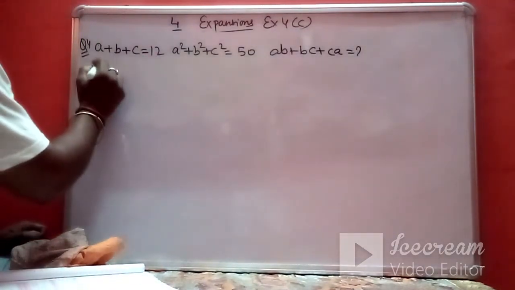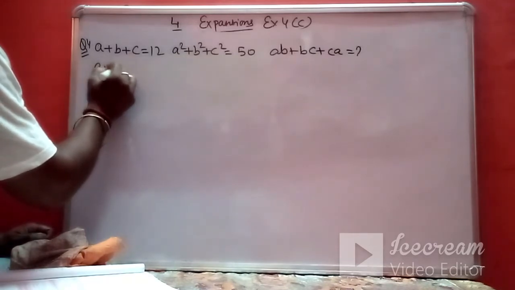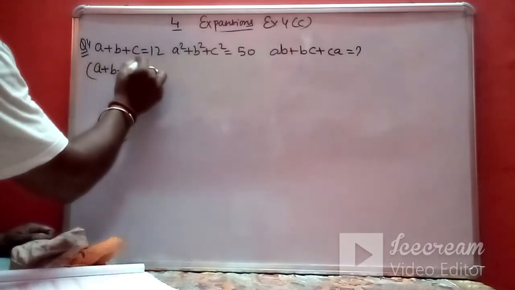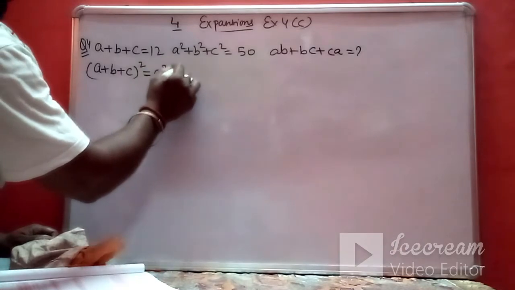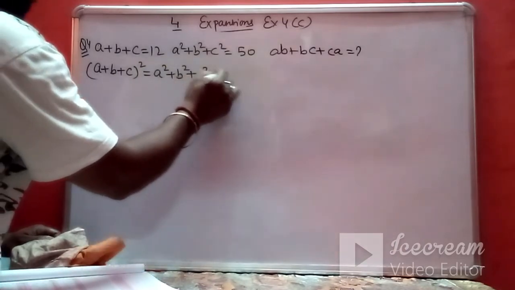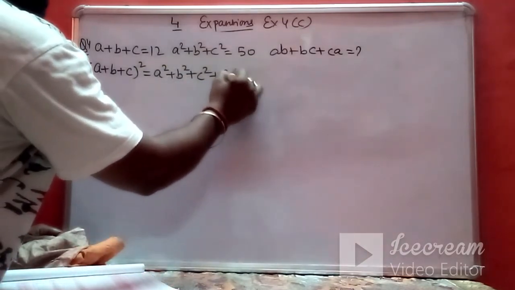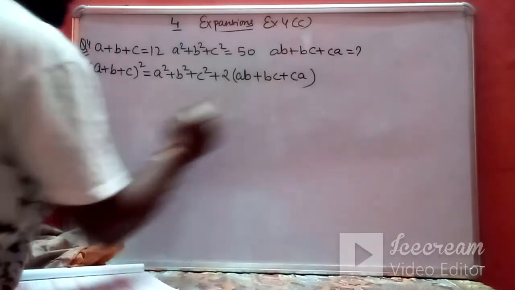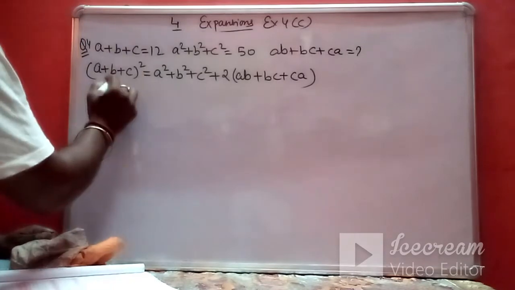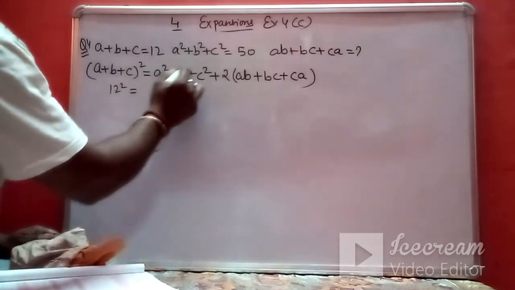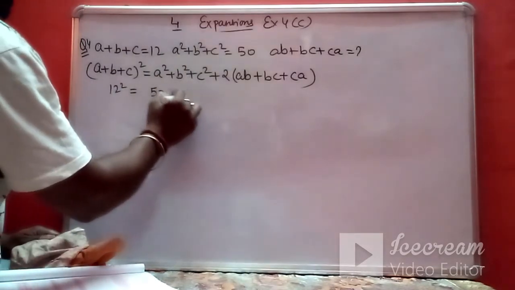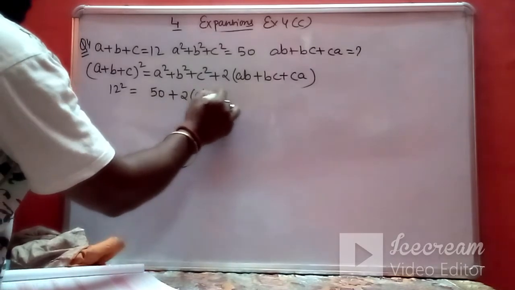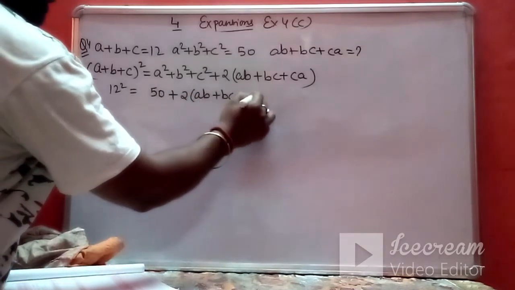That is, first we will write the formula of a plus b plus c whole square everywhere. So you just remember the formula: 2 into ab plus bc plus ca. Then this is 12. Then this is 50. And 2 into this we have to find.